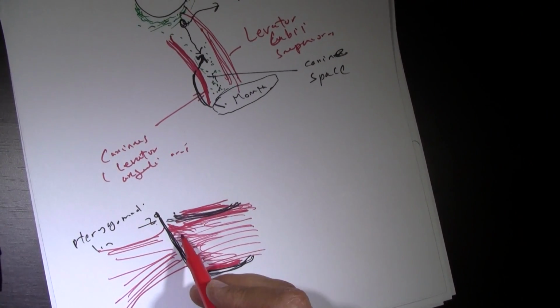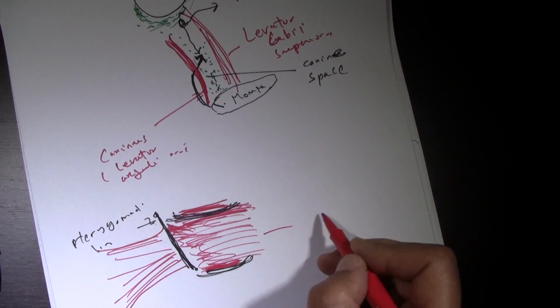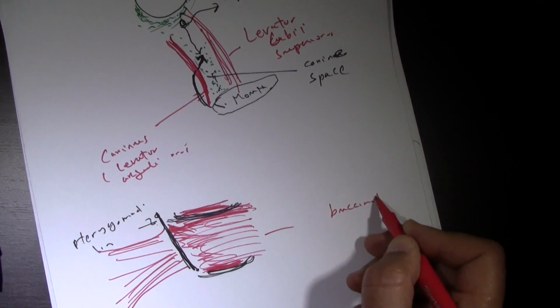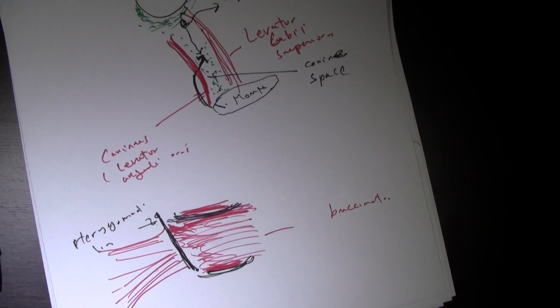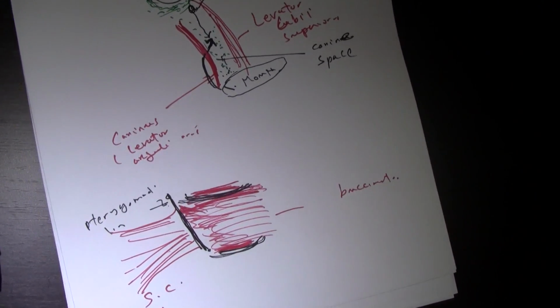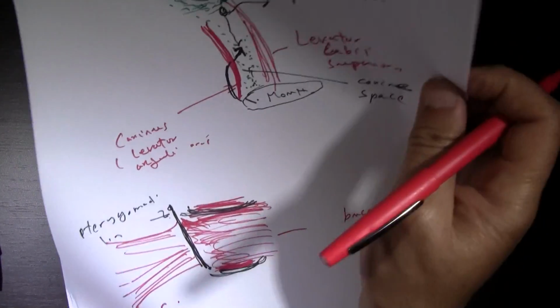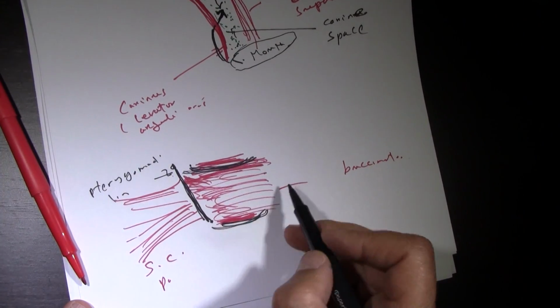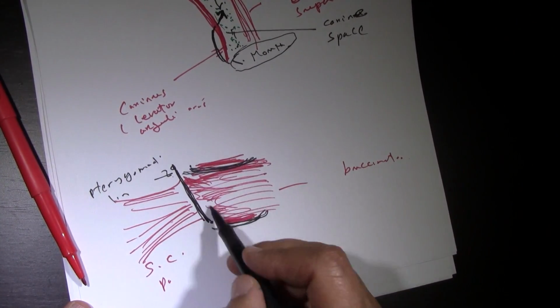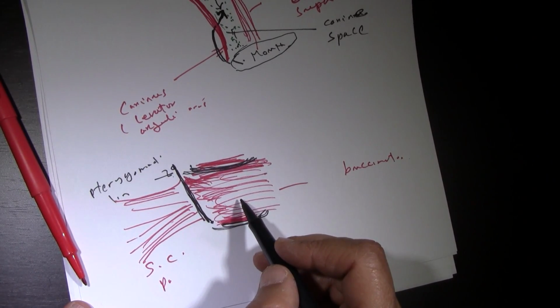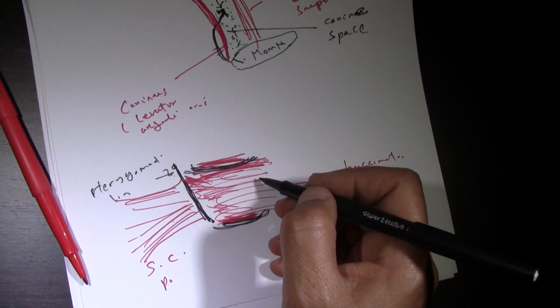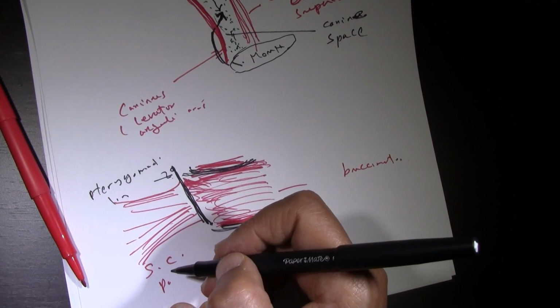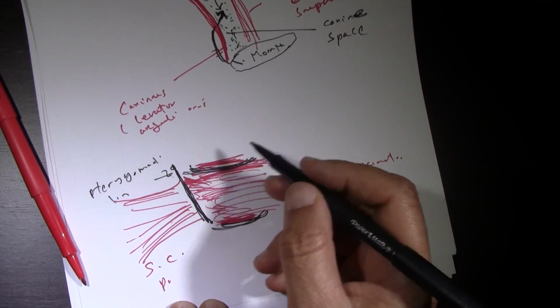So the pterygomandibular ligament gives origin to buccinator, anterior, and superior constrictor, posterior. The buccal space is located superficial to the buccinator, between the buccinator and the superficial fascia of the face and the skin.